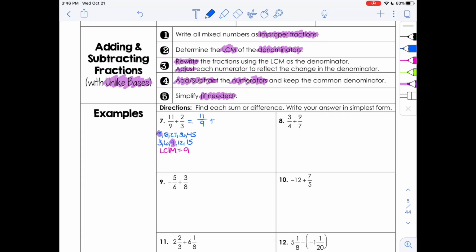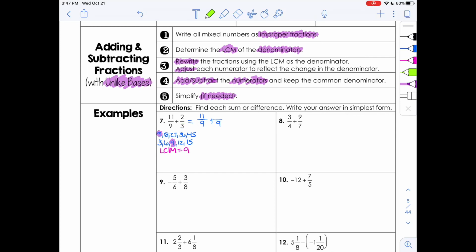Plus, now we need to rewrite 2/3. Because that denominator is changing, so must our numerator to keep the value the same. So we know that our denominator is going to be 9 because that's our least common multiple. In order to change our numerator, we want to consider how many times 3, our original denominator, divides into our new denominator, 9. 3 goes into 9 3 times.